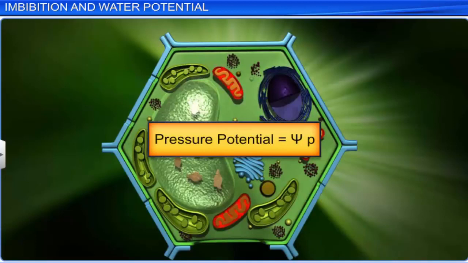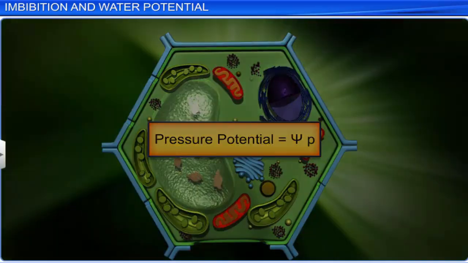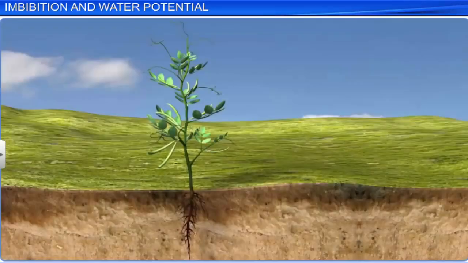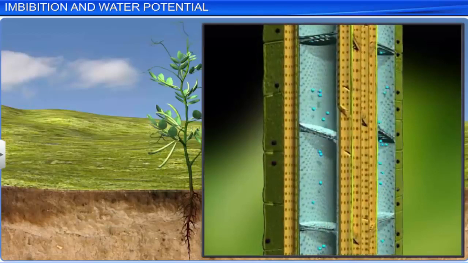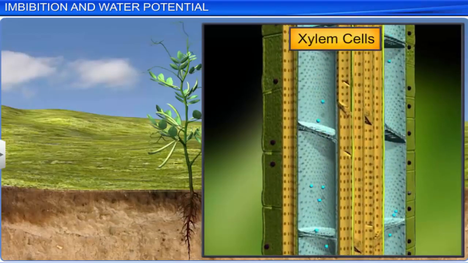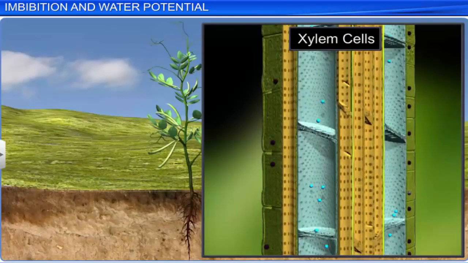Pressure potential, which is denoted by psi p, is usually positive. However, negative pressure potential is critical to water transport up the stem via xylem cells. Hence, it can be stated that the water potential of a cell is a combination of its solute potential and pressure potential.